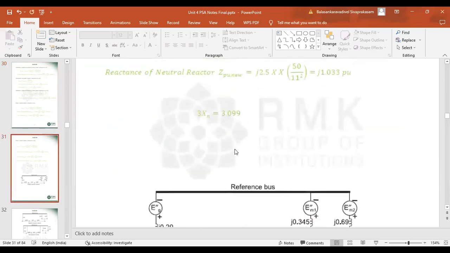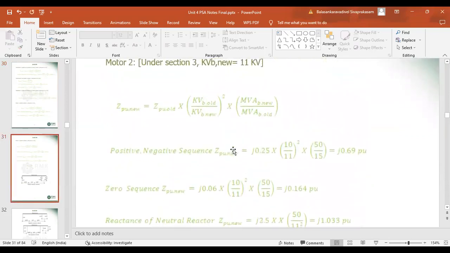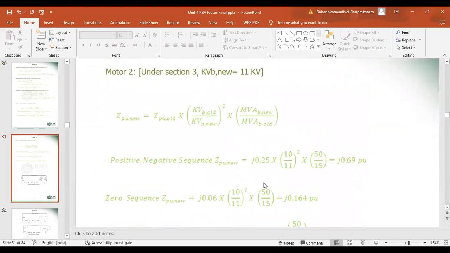And then motor 2. Motor 2 is like motor 1 only, and the kVb old and kVb new remain the same because both are connected in the same section. And MVAb new by old is also 50 for new, and for the corresponding motor, it is 15. So the formula becomes the same, and the only variable is the per unit old. For positive and negative sequence, it is 0.25, that is 25%, and for zero sequence, it is 6%.